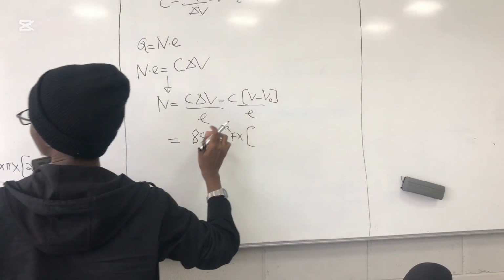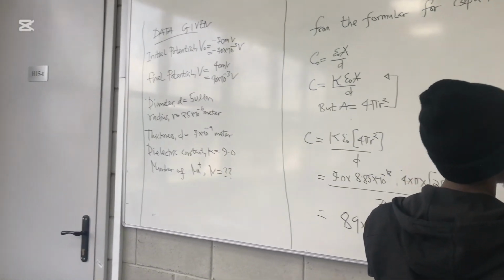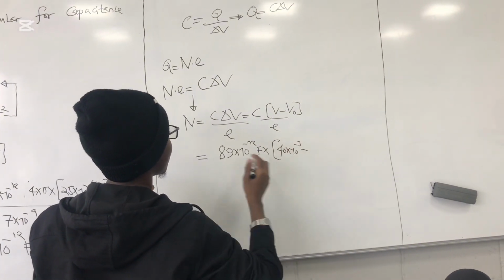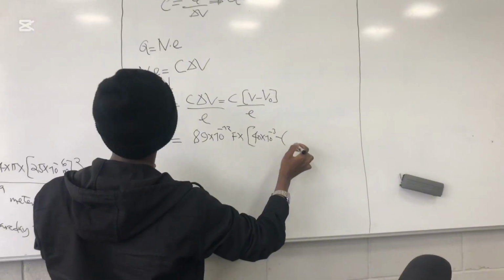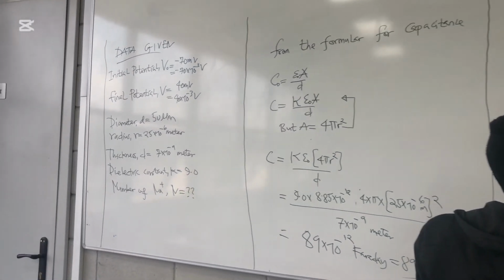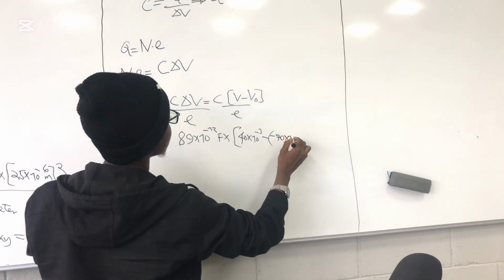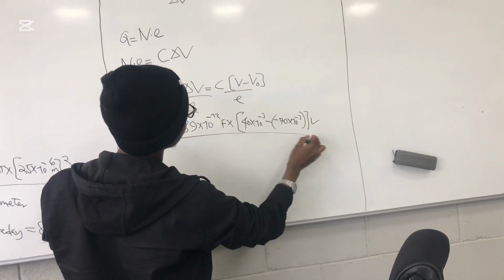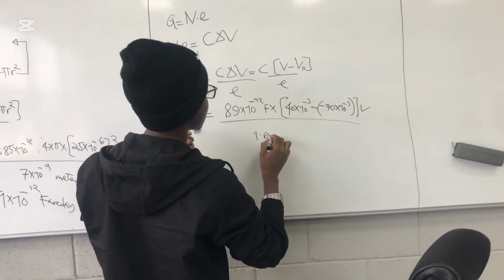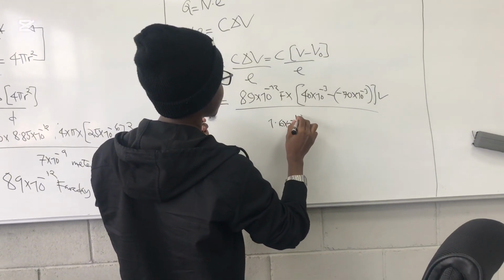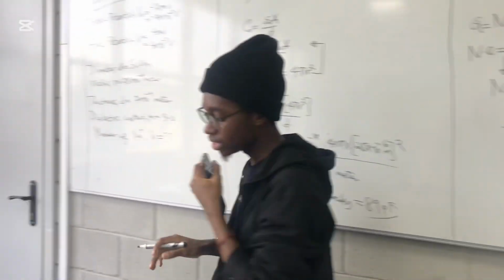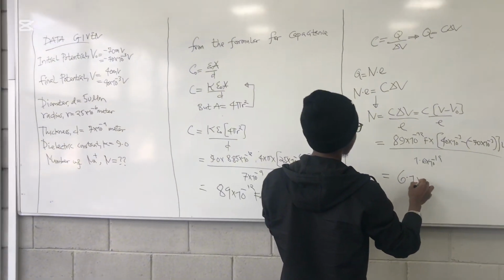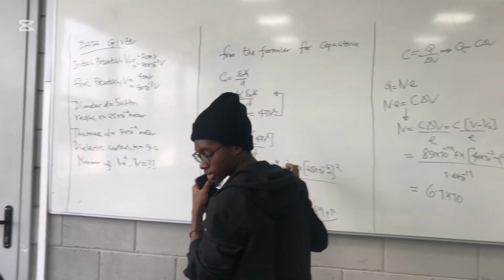The final potential was 40 times 10 power negative 3 minus the initial, minus 70 times 10 power negative 3 volts, divided by the charge, 1.6 times 10 power negative 19.